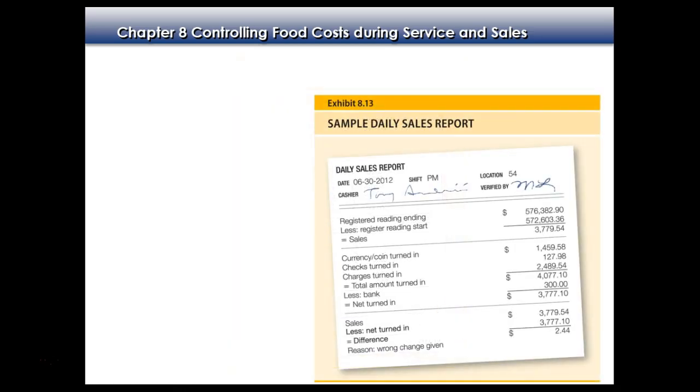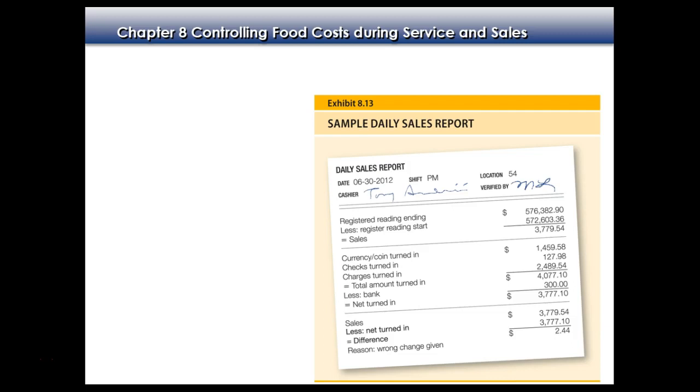So then compare that to the daily sales report. I've never had a daily sales report go this far. I'm assuming this is starting at the beginning of the year. They're just taking the first reading of the day. The register reading was this, and at the end of the day was this. So this is what cash should be in there, $3,779.54.